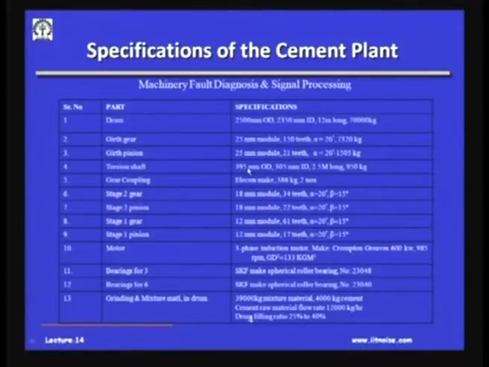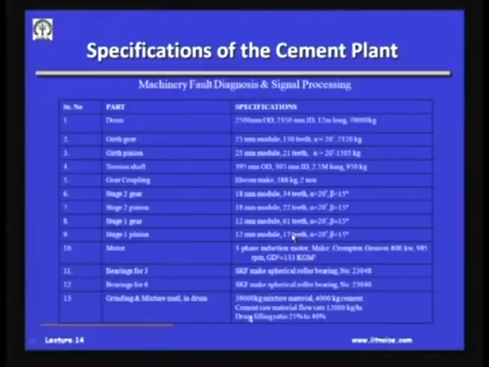The torsion shaft has an OD of 395. There are a couple of gear couplings, and in these gearboxes there is a pinion, gear, and all these different modules.